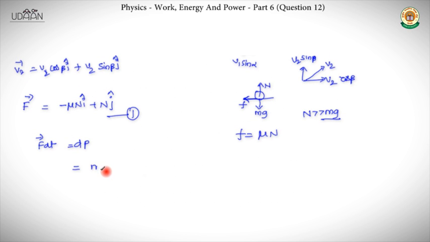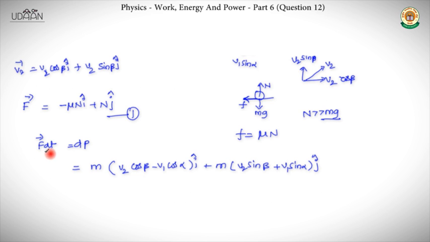Taking m as the common thing, I am writing m into (v2 cos beta minus v1 cos alpha) i cap plus m into (v2 sin beta plus v1 sin alpha) j cap. This is the change in the momentum of the body at the instant when it just hit the surface.